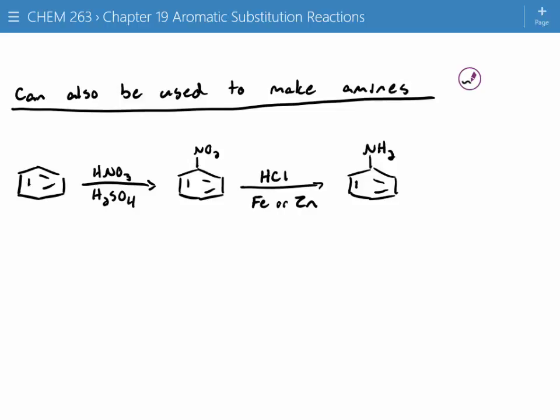The lone pair on the aniline can actually get dumped down into the ring and delocalize that lone pair all the way through the aromatic ring system. With the nitro group, it can only pull electrons out. It can't pull electrons in. So in this case, we can convert between electron donating and withdrawing groups pretty easily by converting from a nitro group to an aniline. So I think we're going to hold off there. Tomorrow we'll talk about Friedel-Crafts alkylation and acylation.